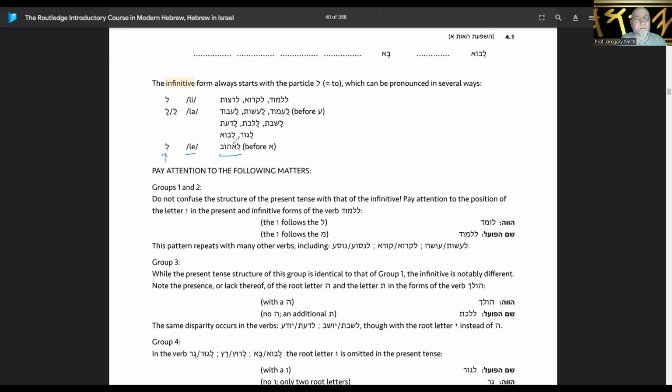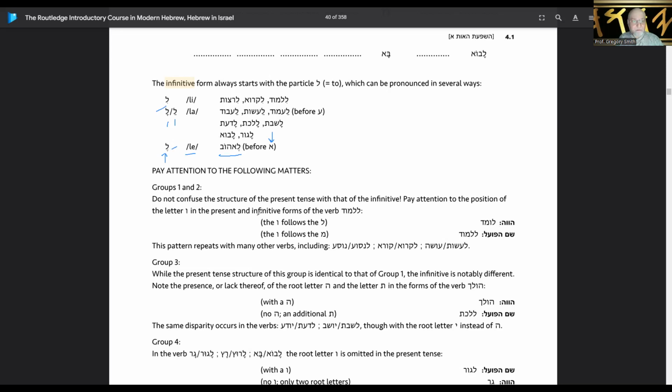Notice that this is another one that can determine vowel variations. The aleph in any kind of root can determine different vowel variations. So we have the e, we have the a, and we have the segol.